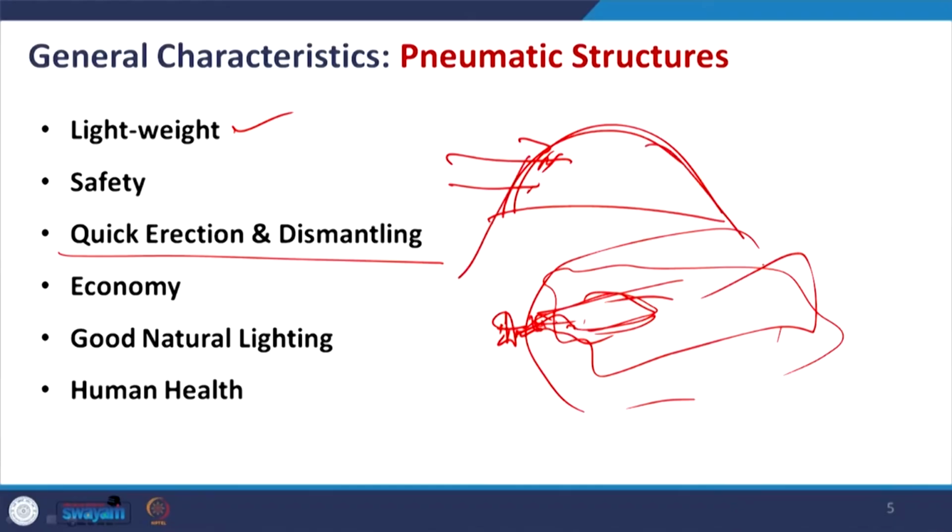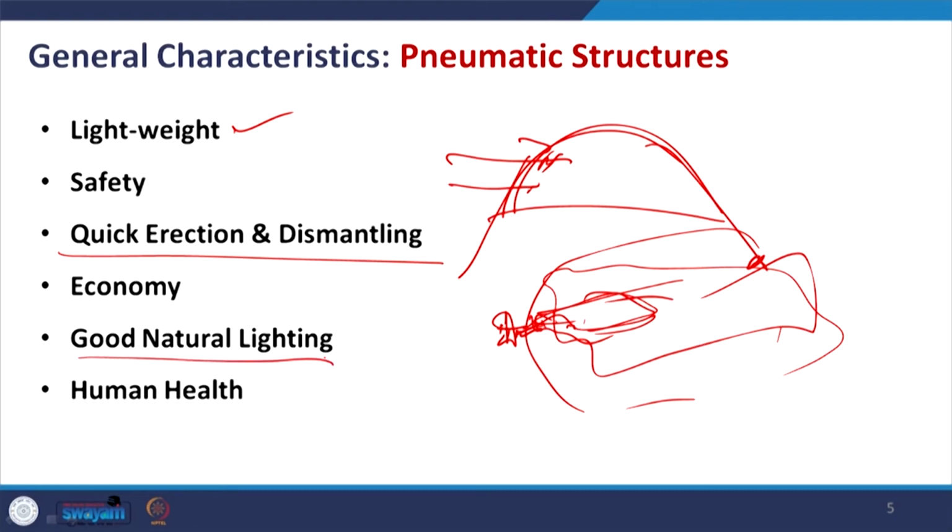Now, coming to the economy, as it has very few supports or very strong supports, it is economical obviously. What you need is some anchor to hold it, to ground it, so that it will not blow away with the air. Good natural lighting, if we use some translucent material like the membrane.